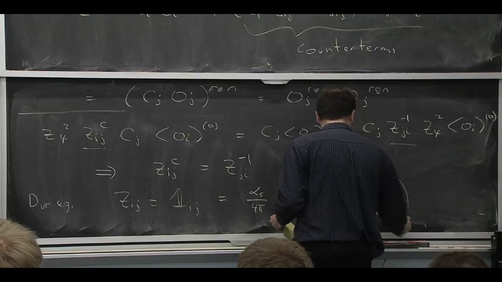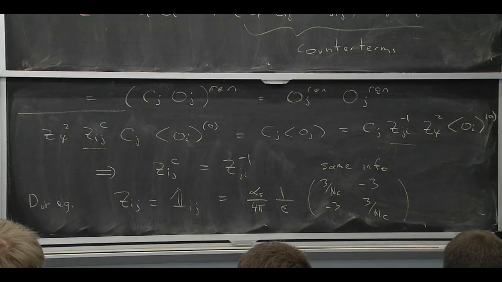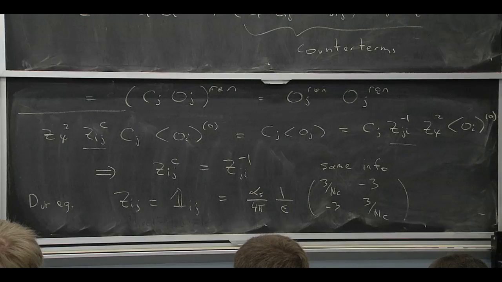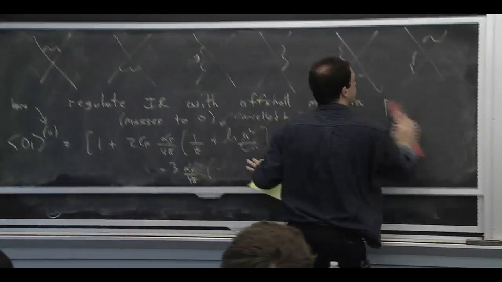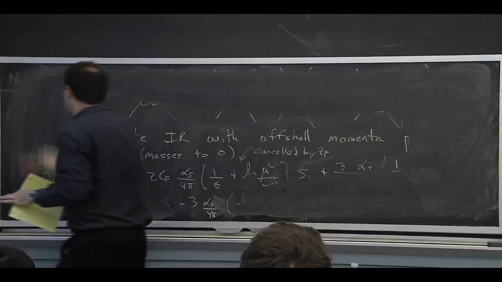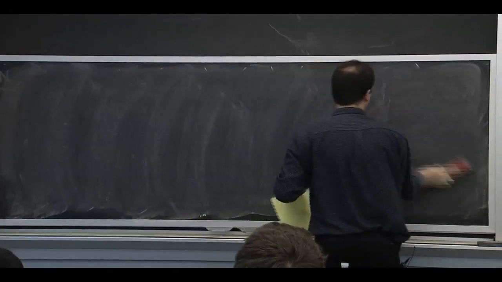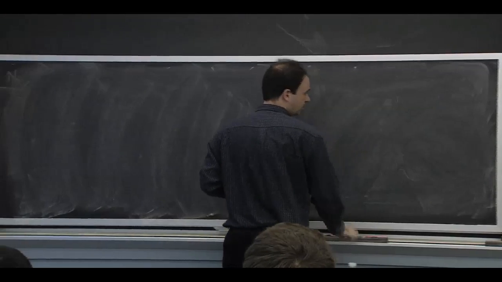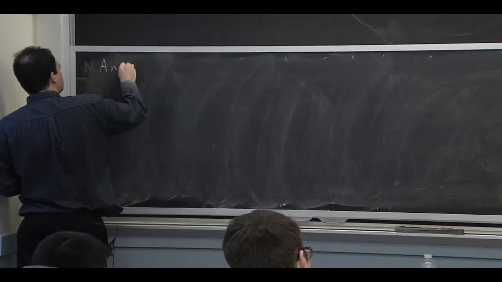And that gives us this little 2x2 matrix. And from that little 2x2 matrix, we can construct an anomalous dimension for the operators. So let's do that.